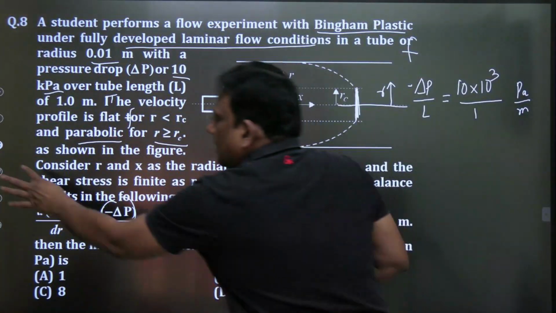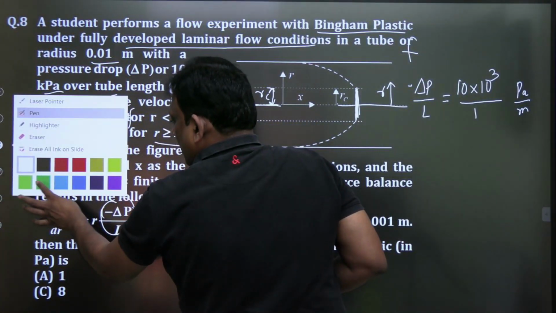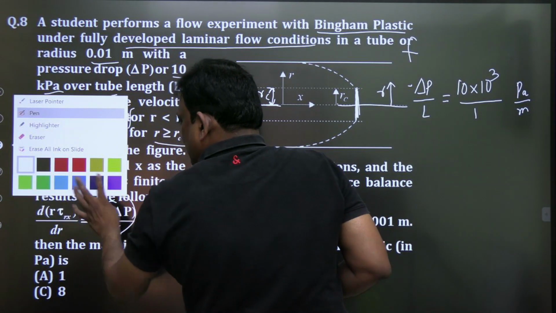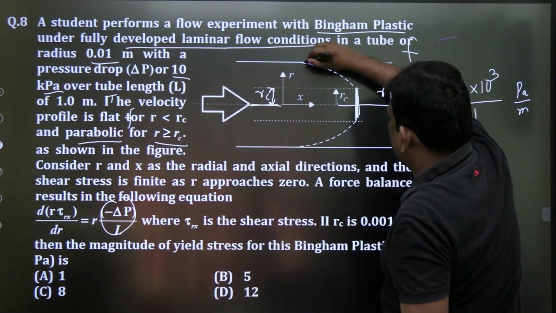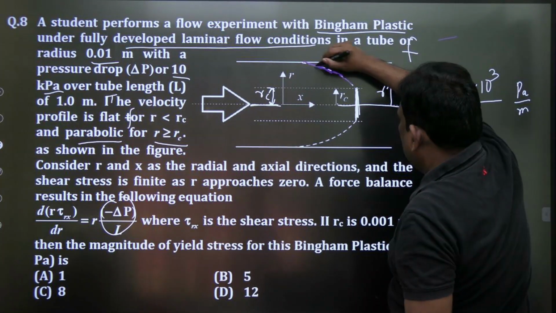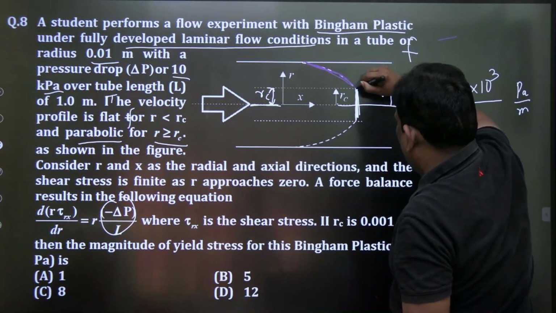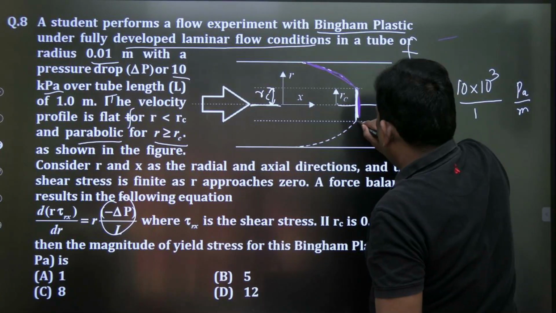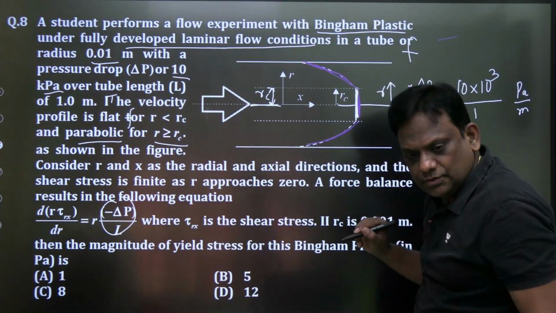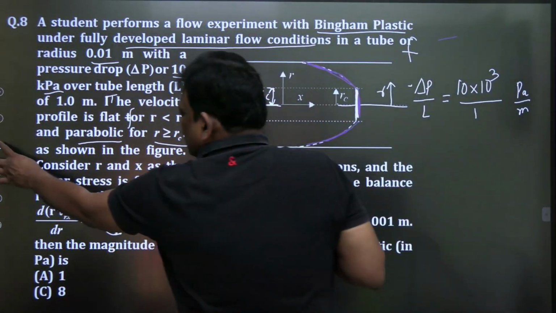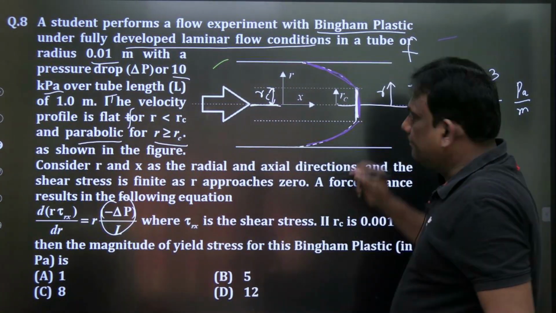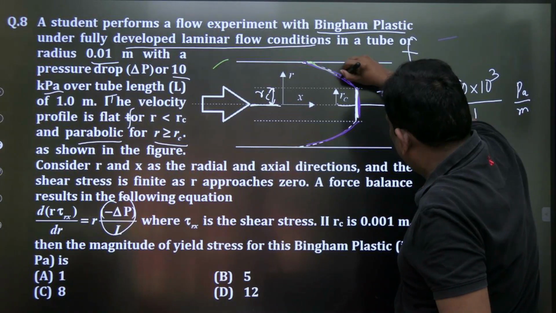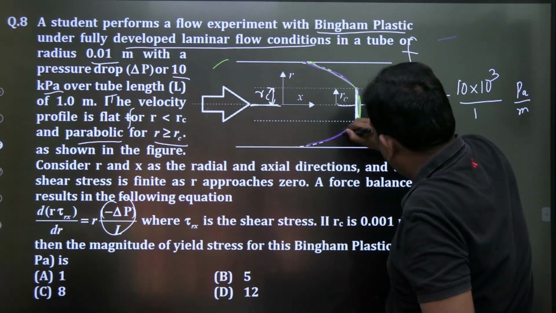Let me change the color so that you can visualize easily. Now look, this is parabolic. So the profile is something like this. It is flat here and parabolic outside. Can you see? So it is parabolic, then flat, then parabolic.